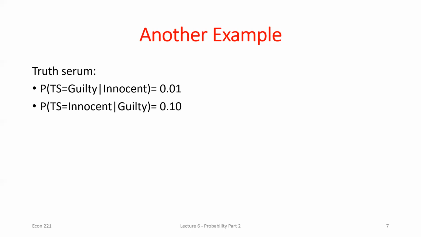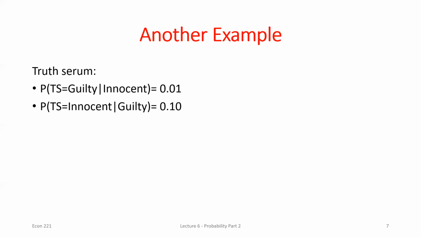The only problem is it's in the early stages. Given that someone is innocent, the probability the truth serum makes them say they're guilty is about 0.01. So it has a false positive rate of 1%.